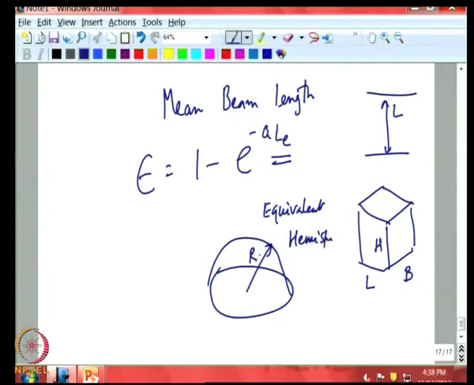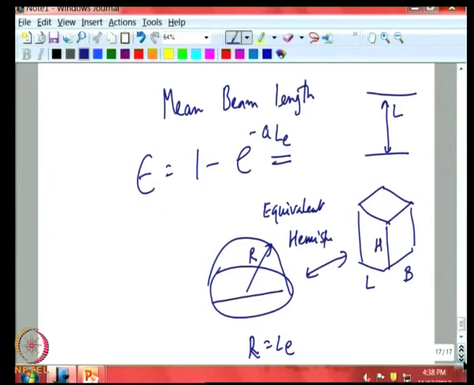So, mean beam length is that imaginary hemisphere of a radius LE, which gives the same radiation incident on the surface as a real 3 dimensional furnace. So, we would like to know the relation between this LE and all these dimensions of the furnace.